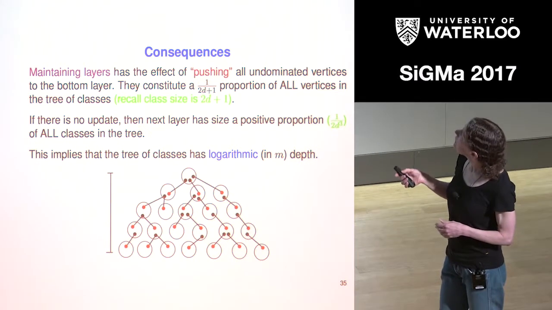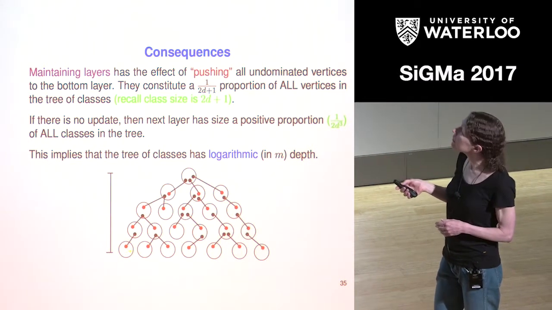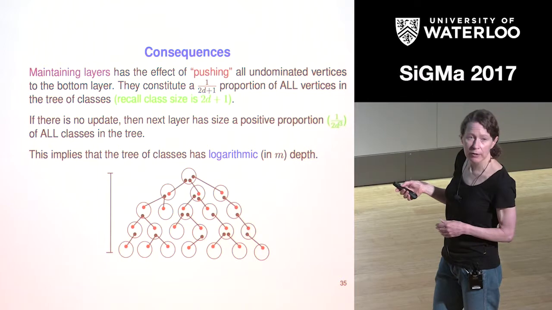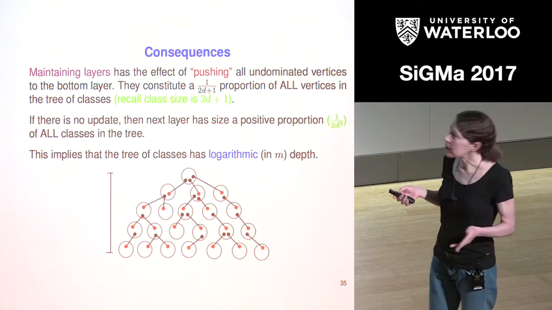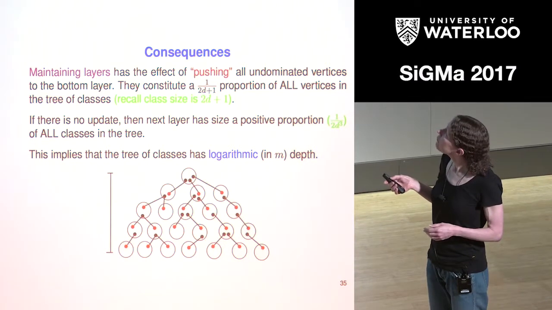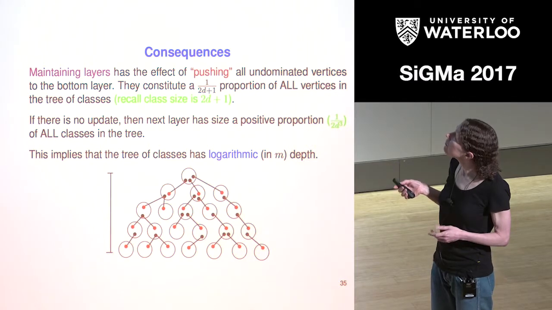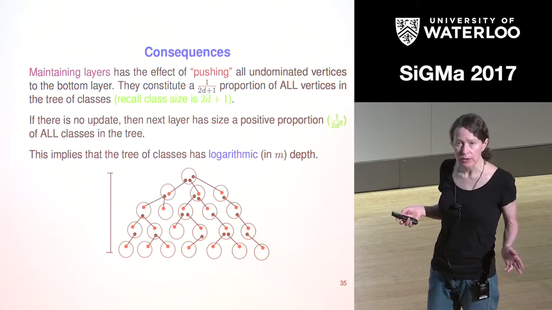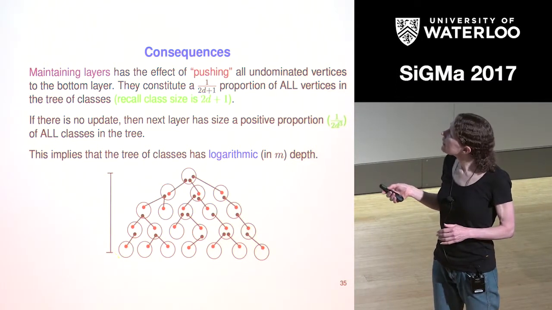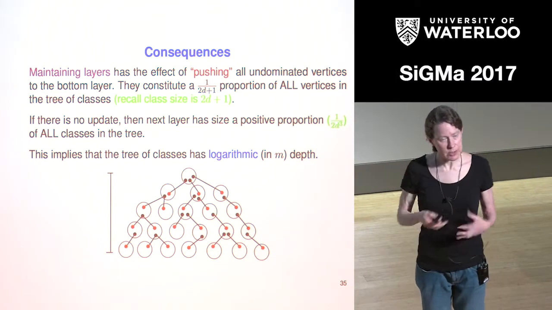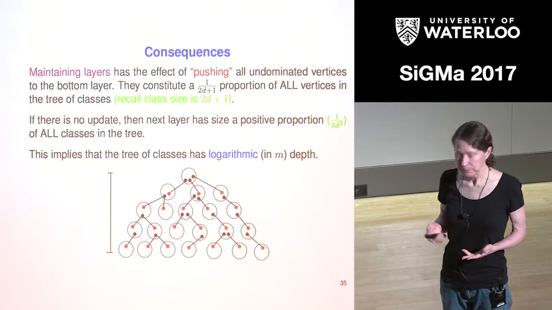So the vertices that are undominated, that don't have any neighbors in the tree so far, are going to be pushed all the way down to the bottom layer here. And as long as there are no updates, this is going to have the effect of making the number of undominated vertices a positive proportion of all the vertices in the tree. And so at each step, each layer is going to grow by some little constant times the total number. And so that's going to be an exponential growth.